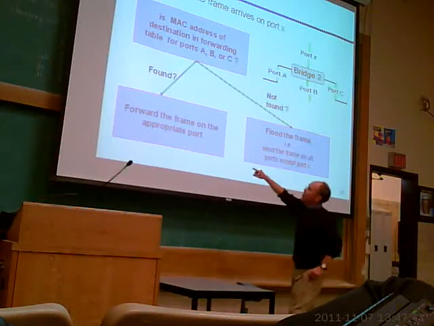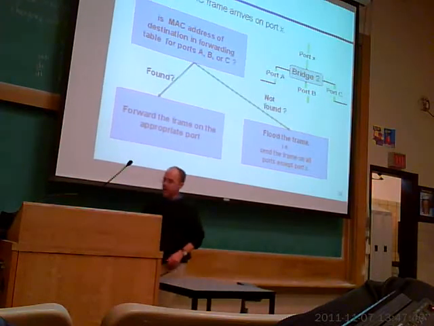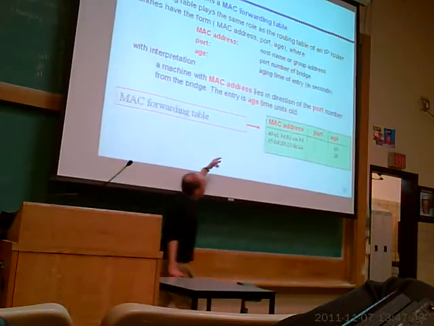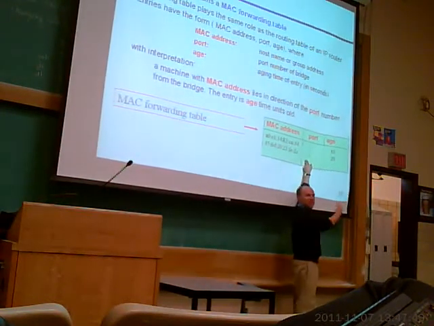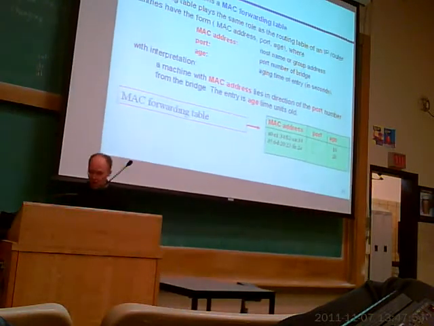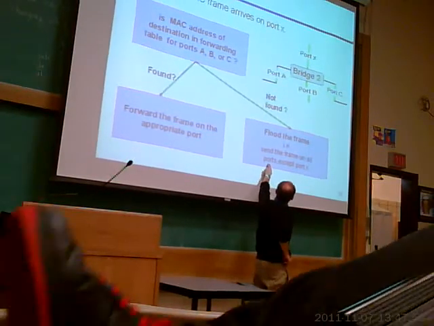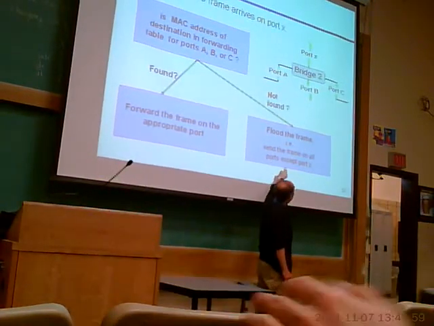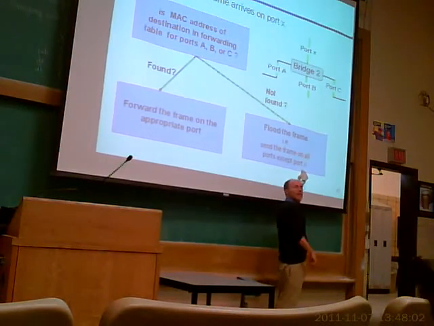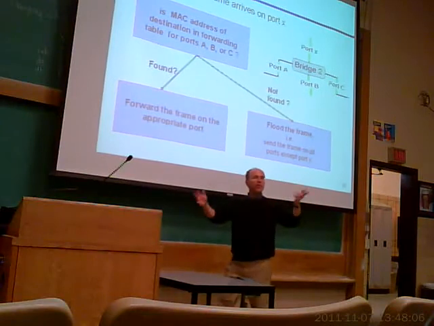If it finds an entry, of course, it forwards the packet on that port. There's a port number, so I forward it. If no entry is found, then the frame is sent out on all ports except where the data came in. You don't echo it back.